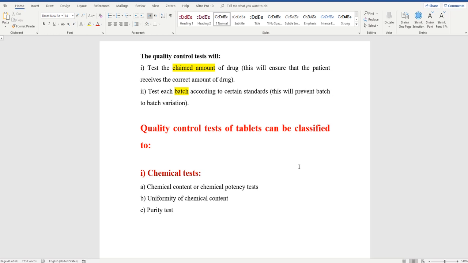The third is the purity test. You should be able to differentiate between these 3 and pay attention to the uniformity of content test, because we're going to differentiate this one from the weight variation test that we will talk about under the physical tests.